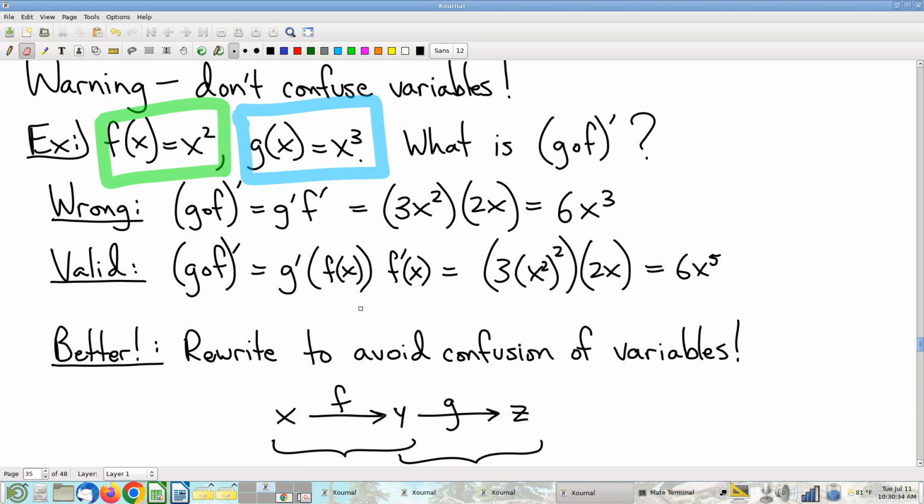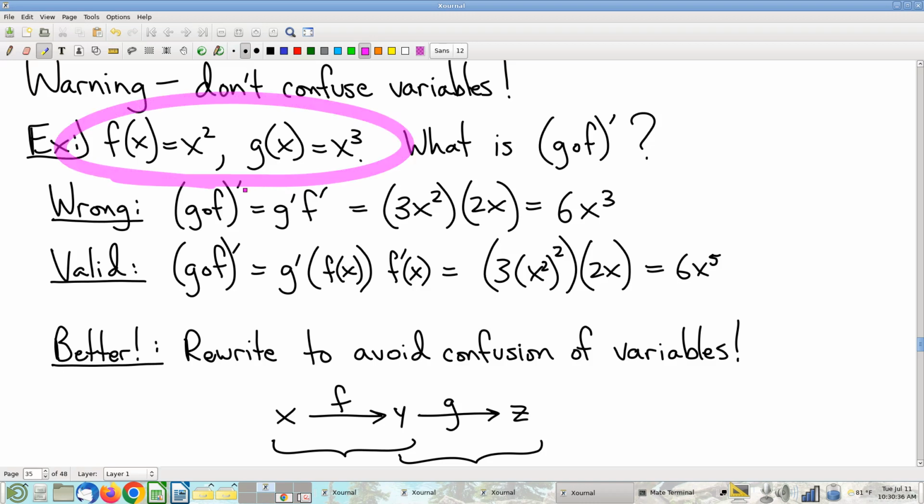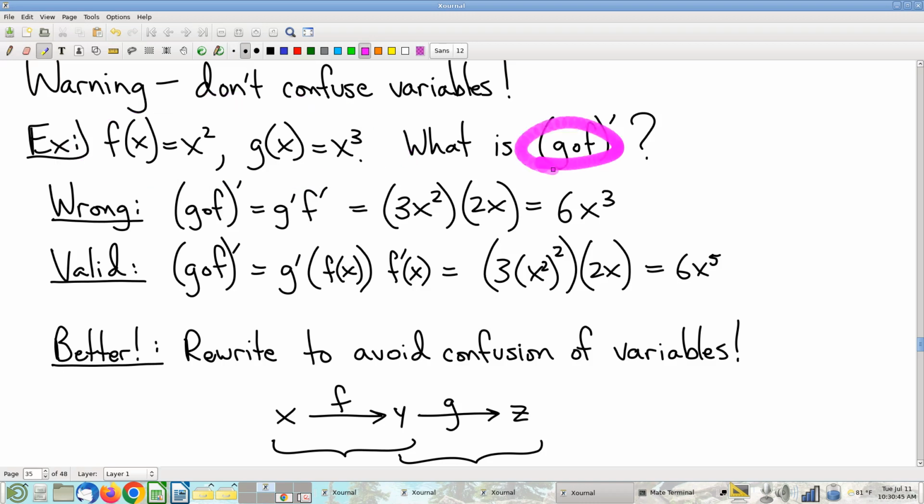Now, there was nothing wrong with the statement of the question. There's nothing wrong with these functions. It's perfectly fine to write functions with respect to whatever dummy variables you want. It is also perfectly reasonable for the question asker to then want to say, hey, let's compose those functions.